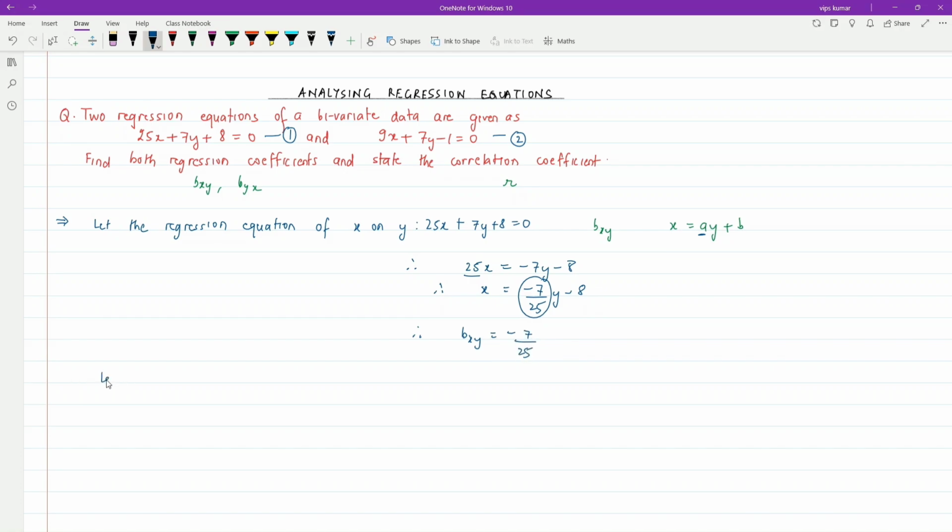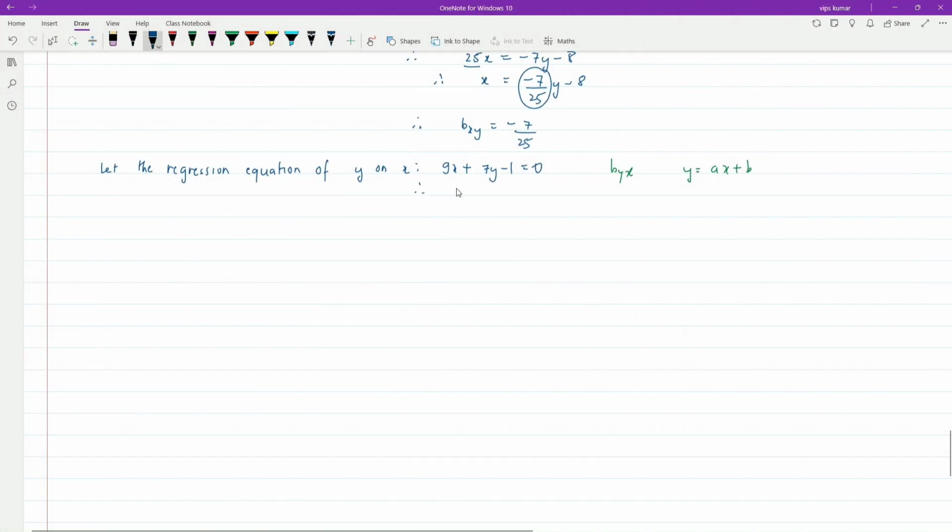Let the other equation be the regression equation of y on x. So that is going to be 9x plus 7y minus 1 equal to 0. And this is going to give us the coefficient Vyx. And for that, we need to write down the equation in the form y is equal to ax plus b. So we can say that 7y is equal to negative 9x plus 1.